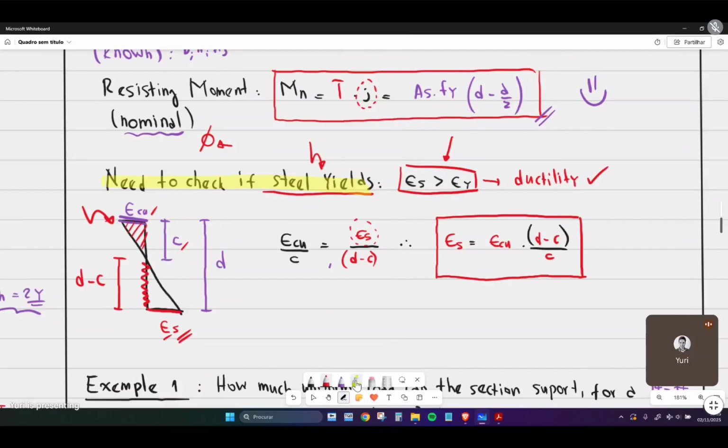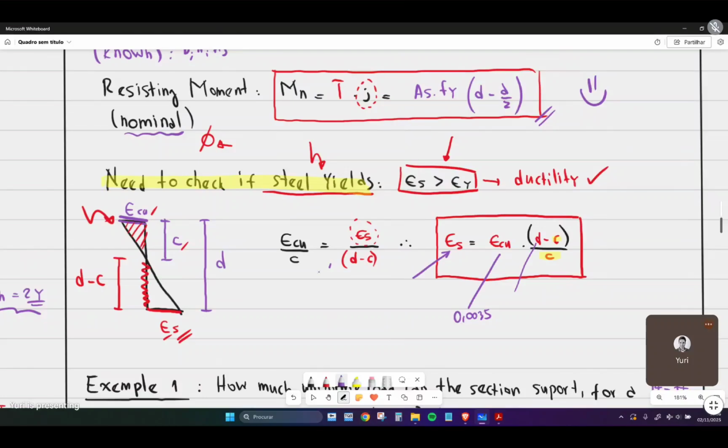So whenever we have the position of the neutral line, we have the depth of the section to the reinforcements, and we know the ultimate strain of concrete, usually 0.0035. We can determine if the strain in steel is going to be bigger than the yielding strain in the reinforcement.